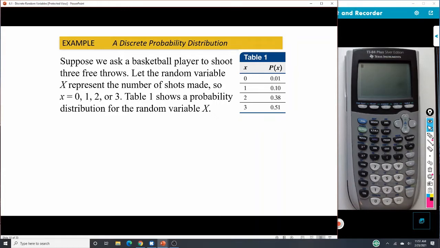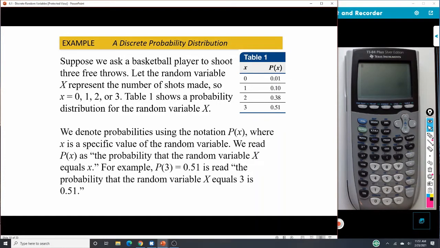So there's a probability of 0.01 to make 0 shots, 0.10 to make 1 shot, 0.38 to make 2 shots, and 0.51 to make 3 shots. And so we could read those things. So for P of 3, we would say is 0.51.